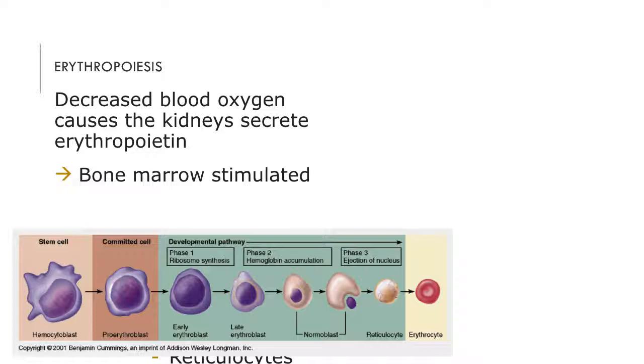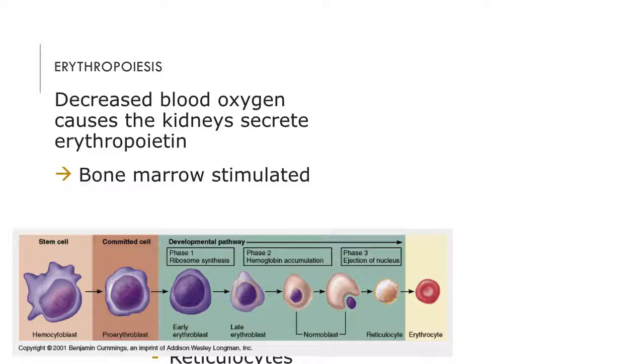Erythropoiesis is the development of red blood cells. Contrary to popular belief, it's not just stimulated in the bone and produced in the bone. It actually requires decreased blood oxygen, which causes the kidneys to secrete erythropoietin.